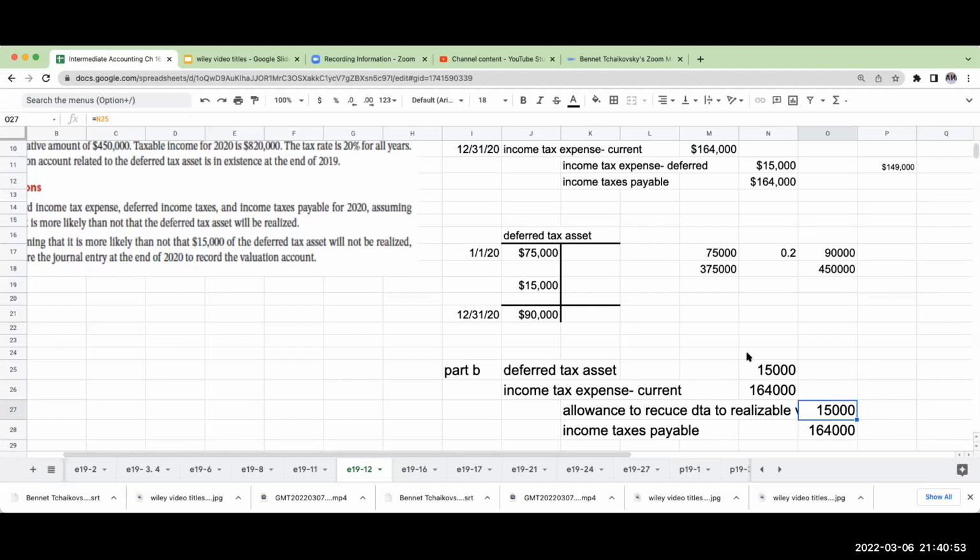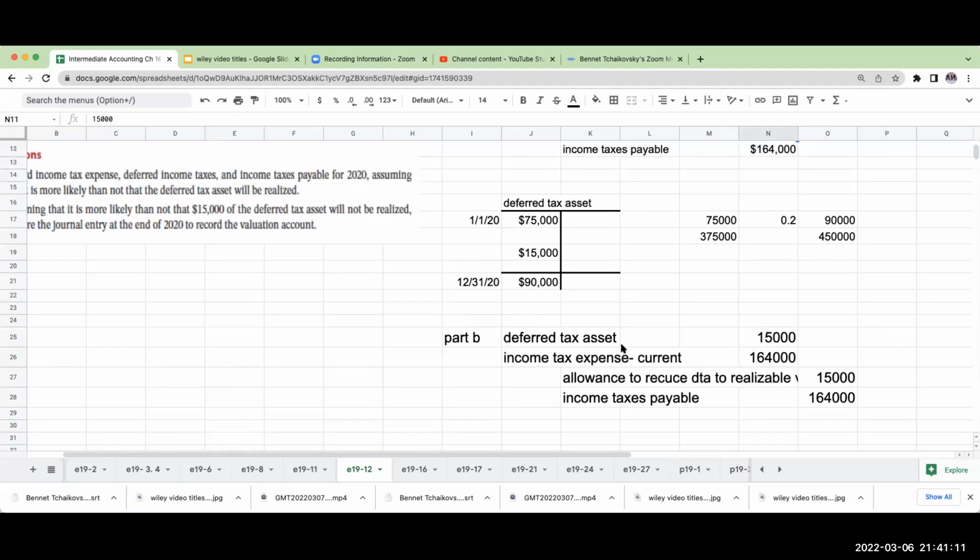What you'll notice is in the textbook solution, they're debiting income tax expense and then crediting the allowance. This in effect accomplishes the same thing. My income tax expense is now at 164 instead of a combined 149.